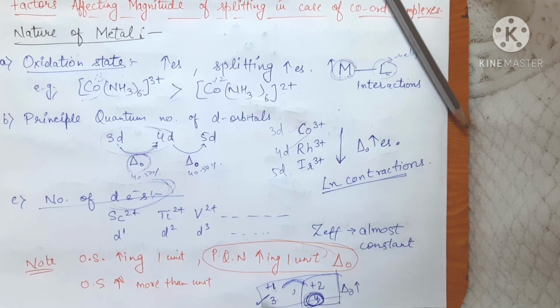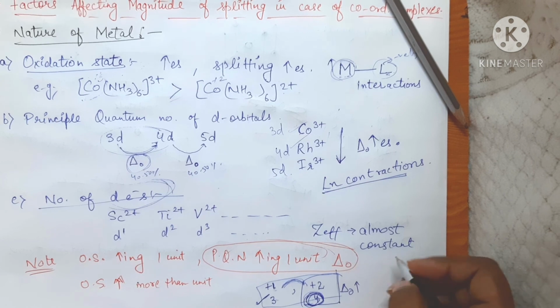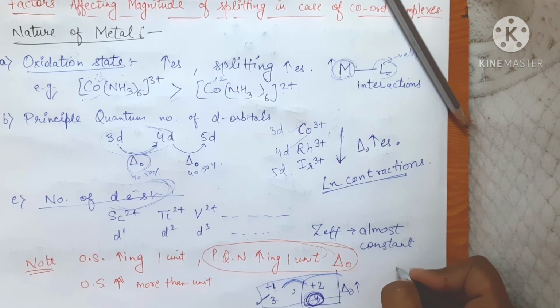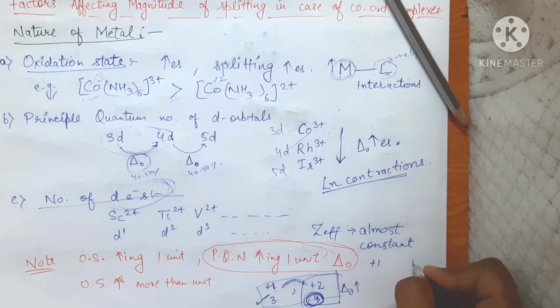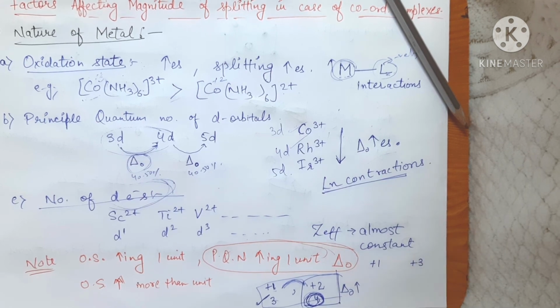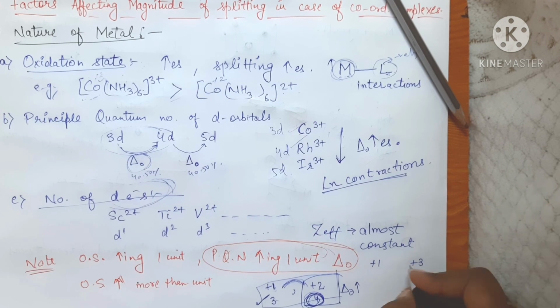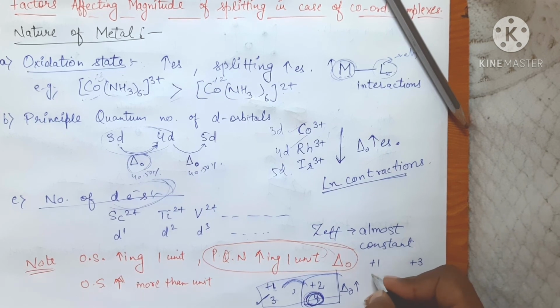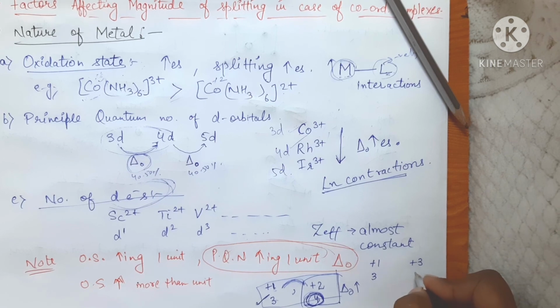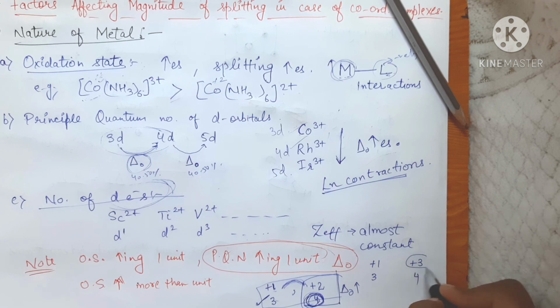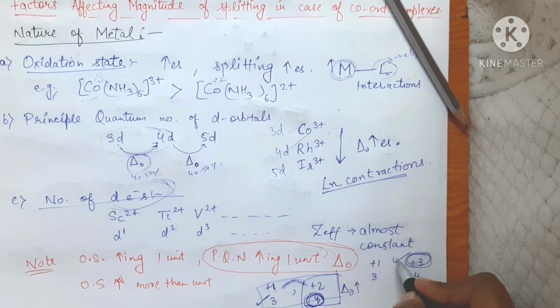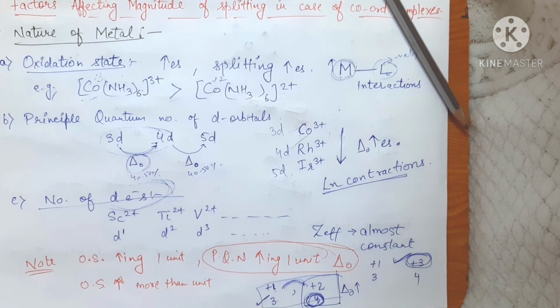But if in these two compounds we have a difference of more than one oxidation state, suppose one is having +1 oxidation state, the other is having +3, and the principal quantum numbers are 3 and 4. Then the one having higher oxidation state will be having more Δo value.